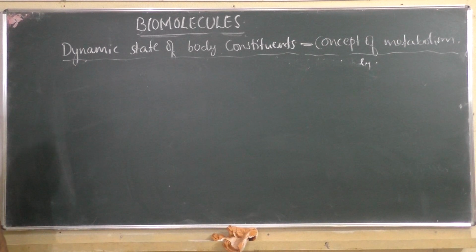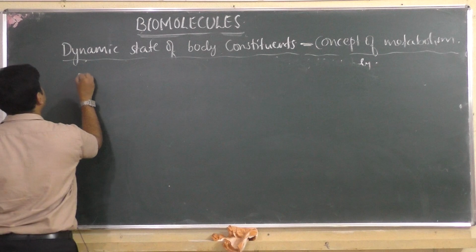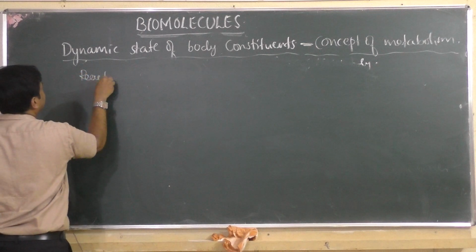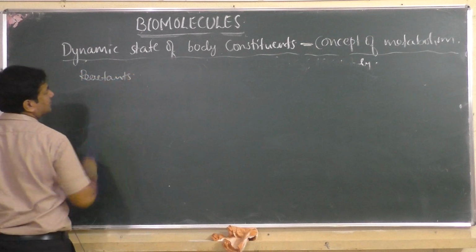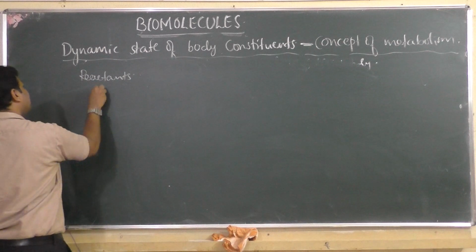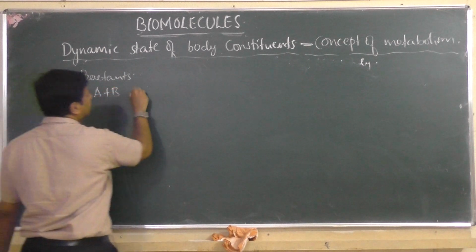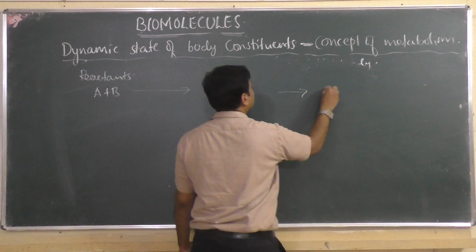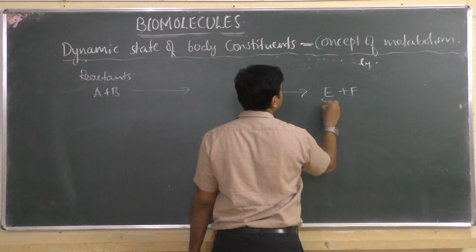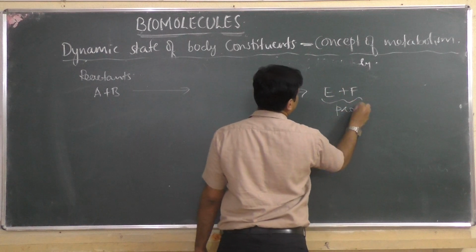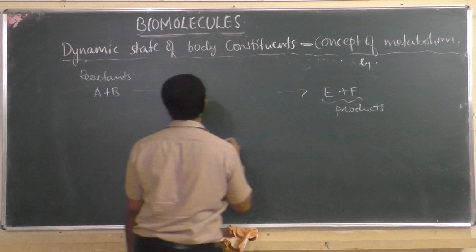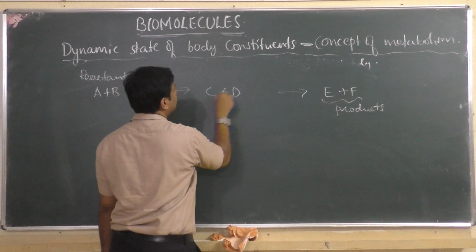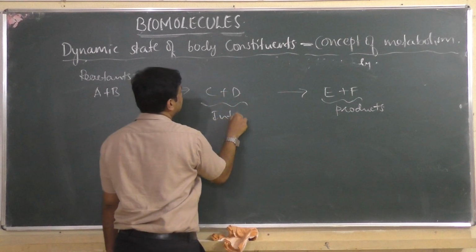I was telling you, suppose these are the reactants. If I have to explain, A plus B are reactants, and they produce products E and F. Then in between, C and D are intermediates.